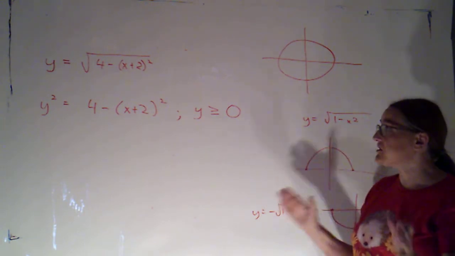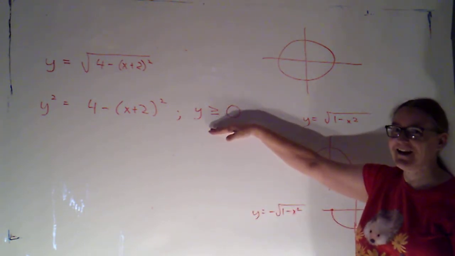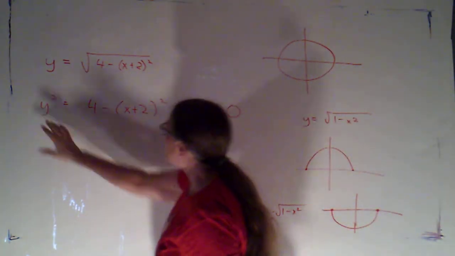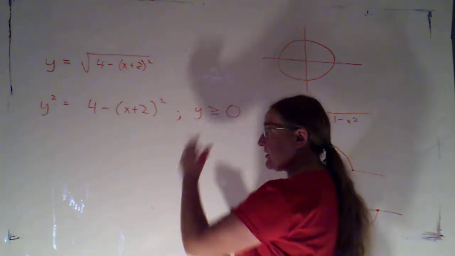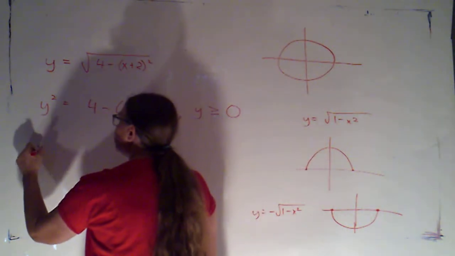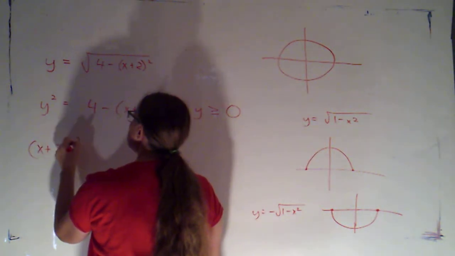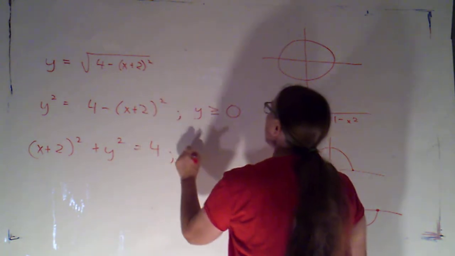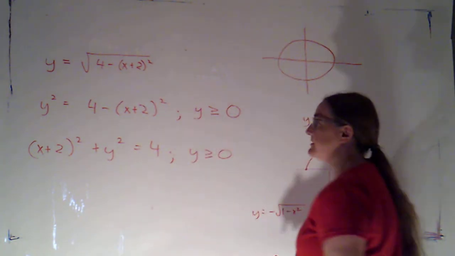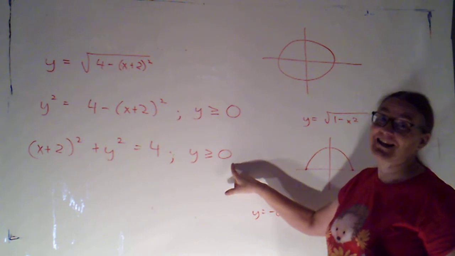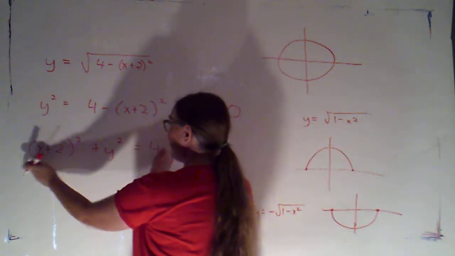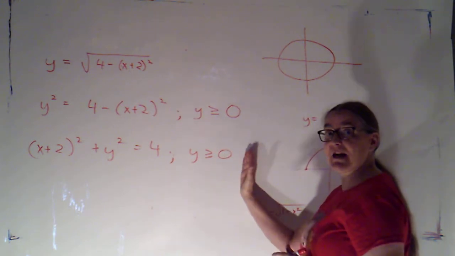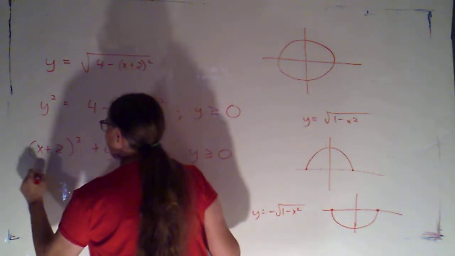That says we're just looking at the top part of this graph. If I now add the (x plus 2) squared to the other side, this becomes (x plus 2) squared plus y squared equals 4, y bigger than or equal to 0. And now I can recognize this would be the equation of a circle. This restriction on y tells me I'm looking at the top half.